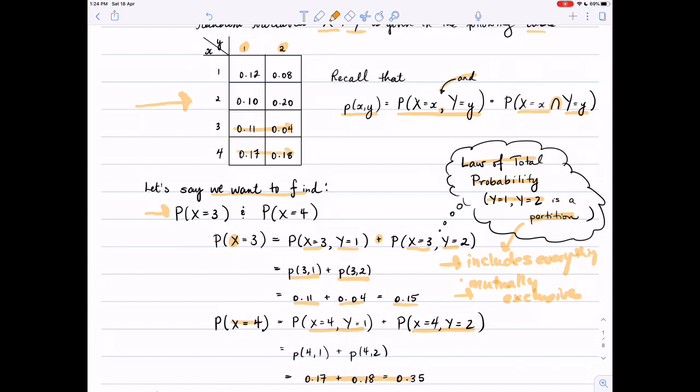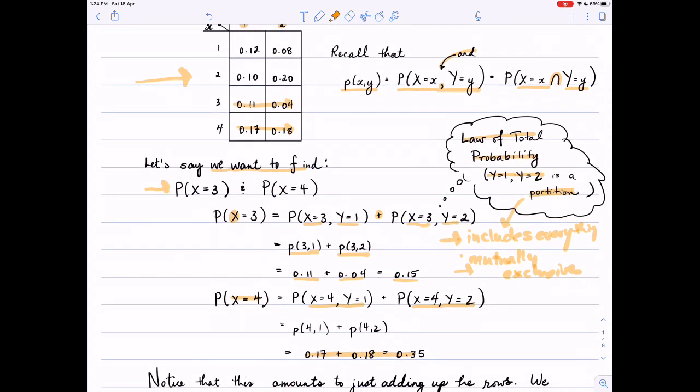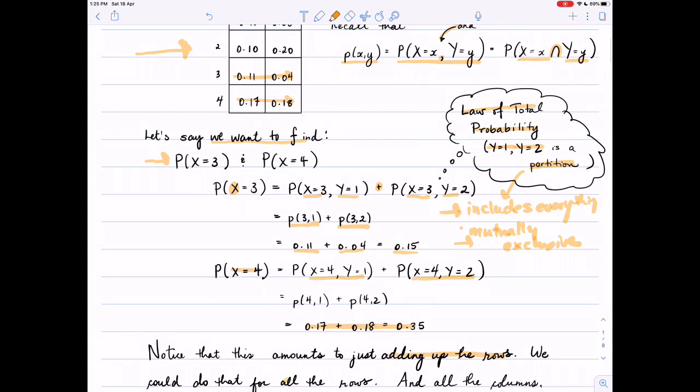So we're adding here. Now, I want us to notice that really what this amounts to is we've just added up a row. We've added up two rows, one for X equals 3 and one for X equals 4. And so we could do that for all the rows. And in fact, there's nothing special about rows. We could do that for all the columns.